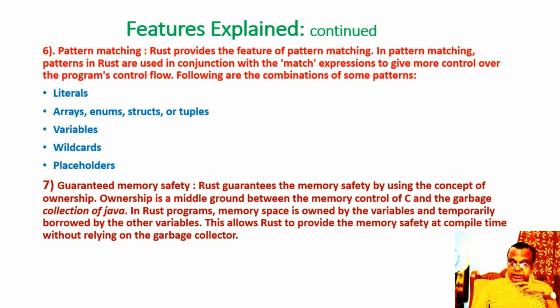In Rust programs, memory space is owned by the variables and temporarily borrowed by the other variables. This allows Rust to provide the memory safety at compile time without relying on the garbage collection.